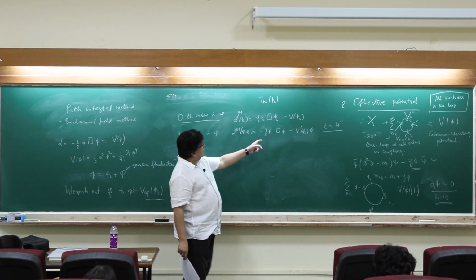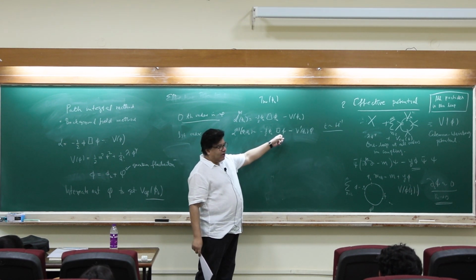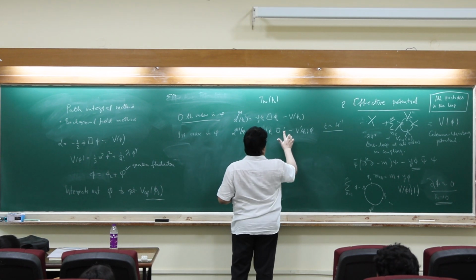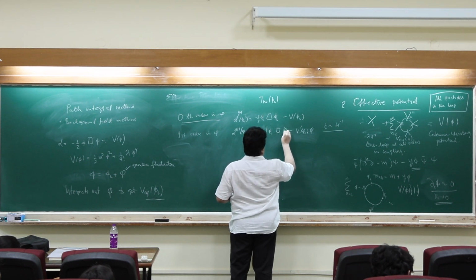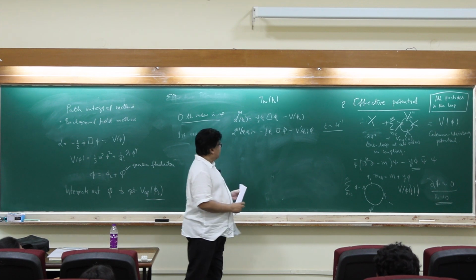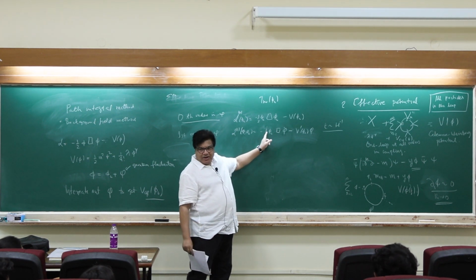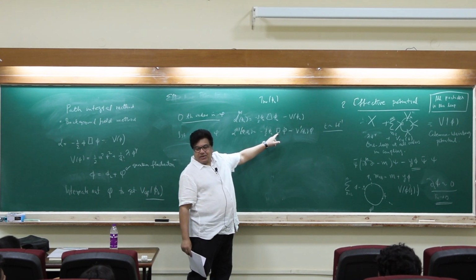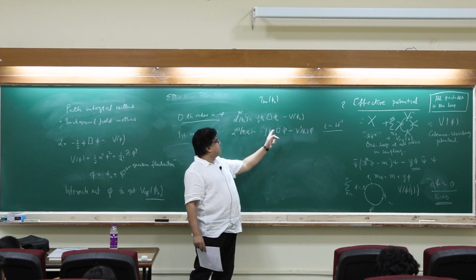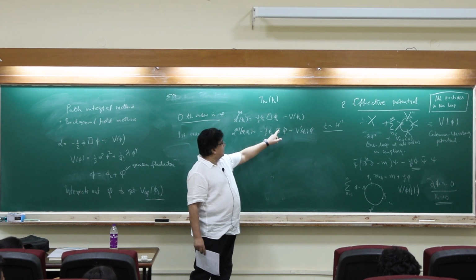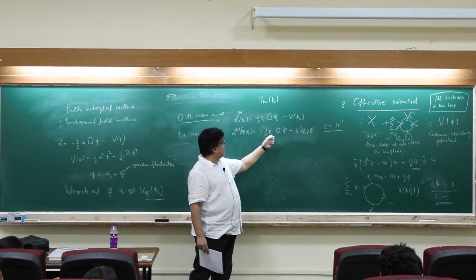Sorry, this should be the curly phi, which is the fluctuation. So you could have this fluctuation here, or you can have this here, only one phi and one phi b. And either way you can integrate by parts and put the box on the phi, because this one is a constant, as I said.